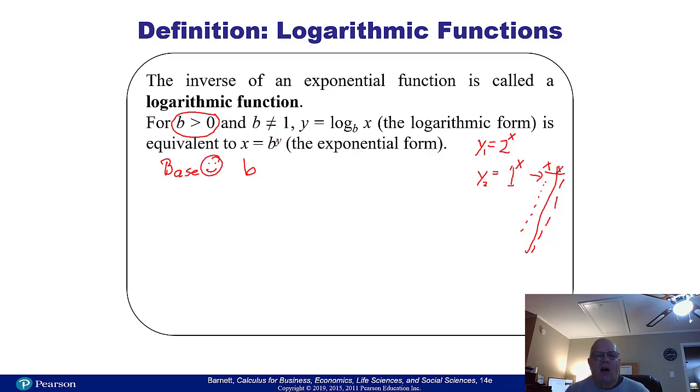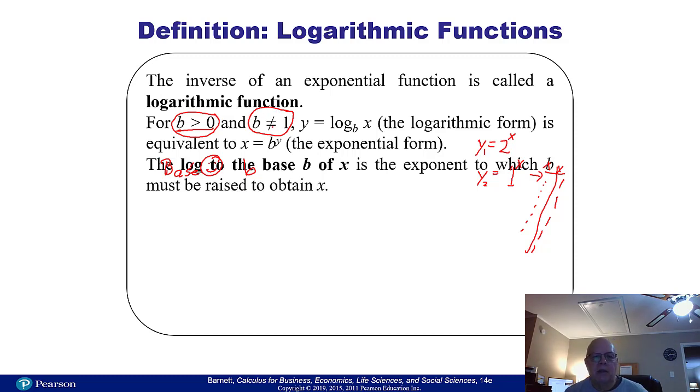So, although it's not illegal, it's pretty silly. So, b has to be positive, and we leave out using 1 because that's silly. Two things.